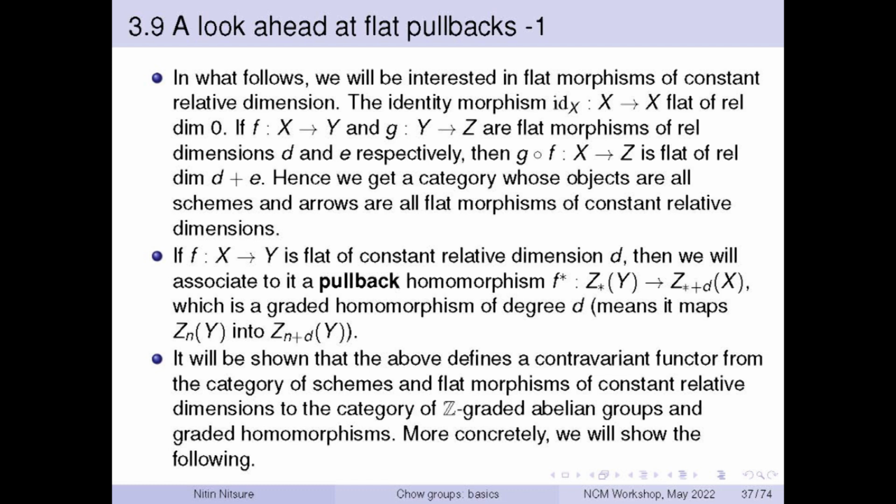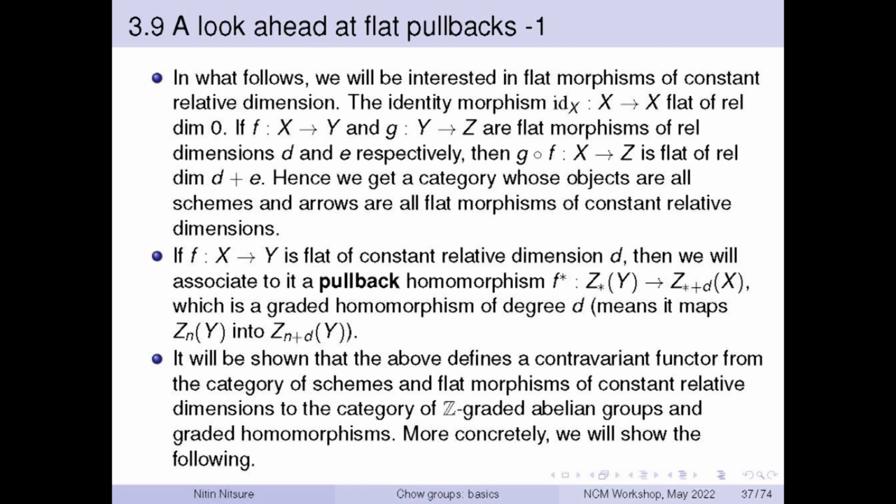There may be situations which we are not going to deal with where you have such pullbacks where the relative dimension is negative and it may lower things. We are not going to talk about that. So here this d is positive or 0 and it's going to increase. So this is a graded homomorphism and we are going to show that this defines a contravariant functor. So if I have two such, the composite pullback is going to be the pullback of the composites.